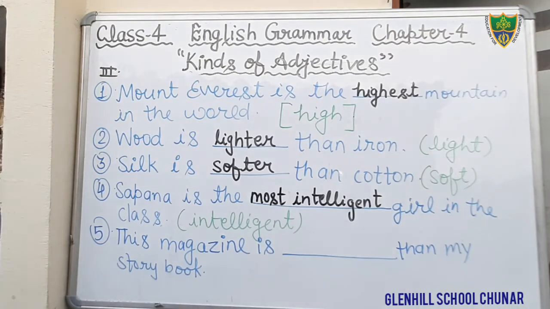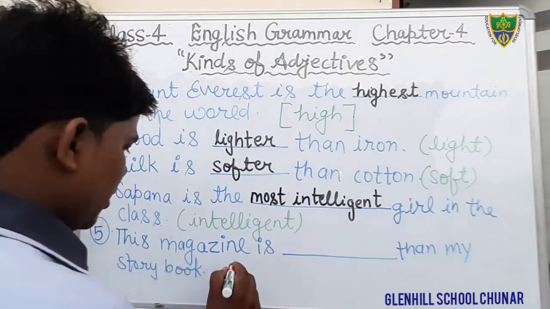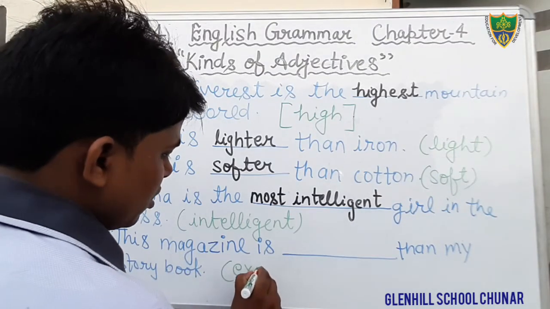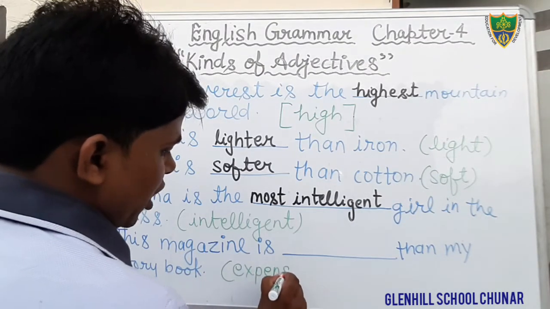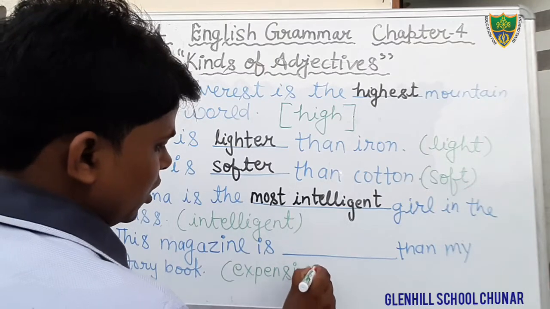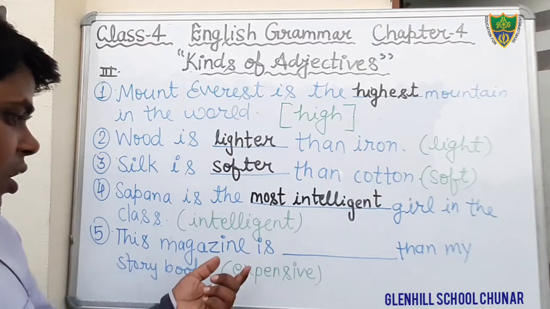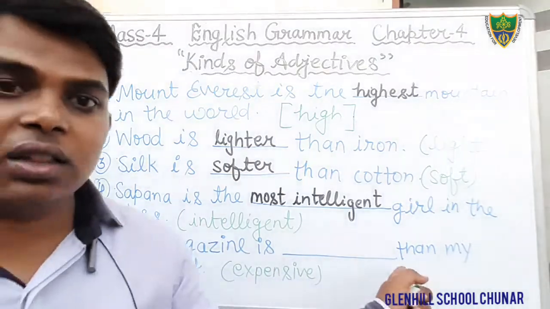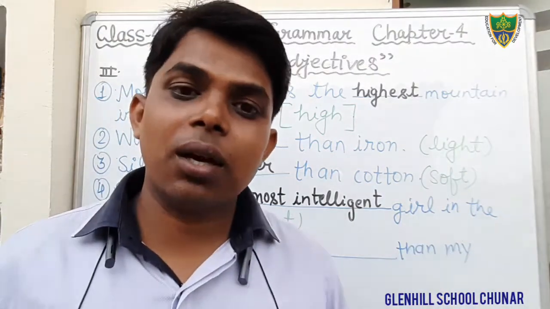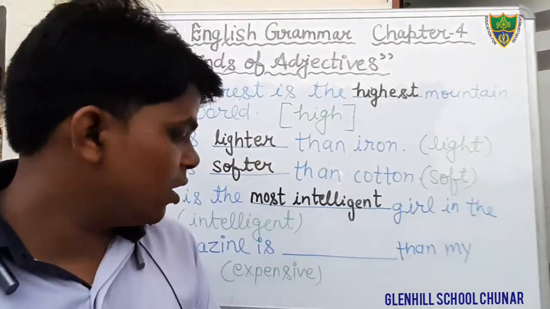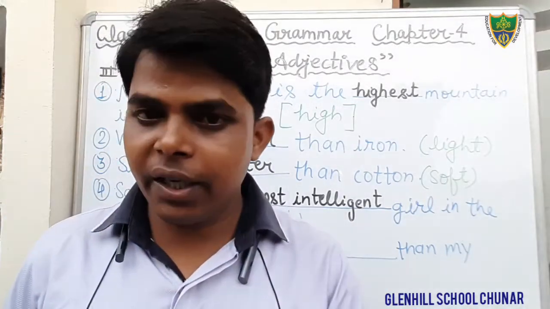Okay, this magazine is, what is given in the box? Expensive. Expensive means costly. Here we cannot add "er". Dear students, here we are getting the word "than", so we will make the comparative form of degree.